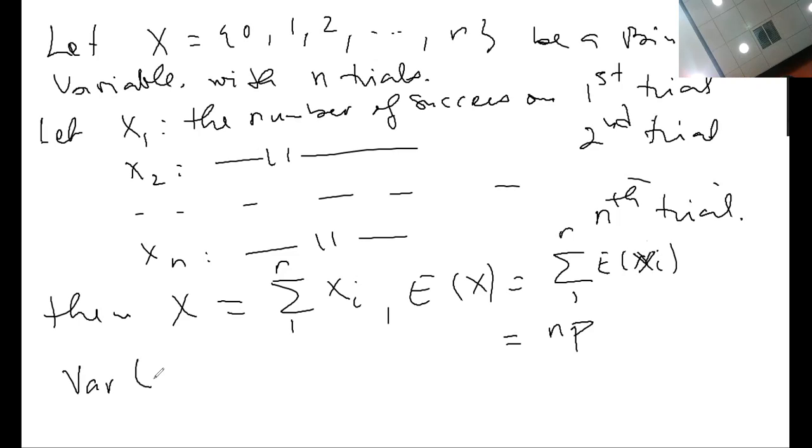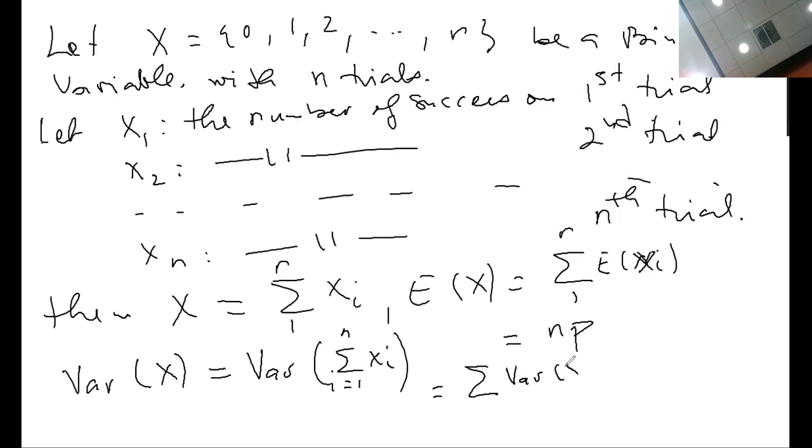Because of independence, the variance of x will be the variance of the sum of the xi from 1 to n, which, because of independence, the variance of the sum is the sum of the variances. And all of them have the same variance pq from the Bernoulli distribution, which gives npq.